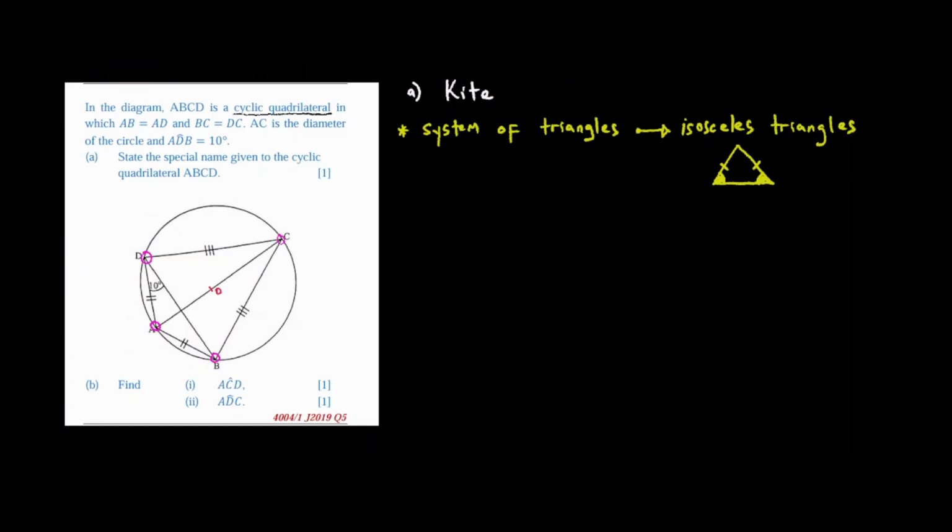So coming back here, you are going to see that triangle ABD is isosceles because side AD is equal to side AB. Then the base angles of this isosceles triangle, one is at D here, one is at B, which then means this angle is automatically 10 degrees.